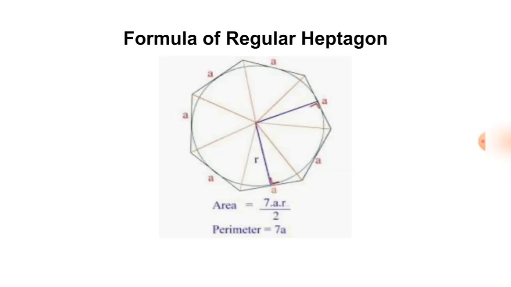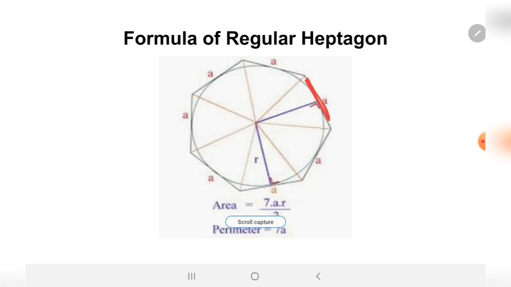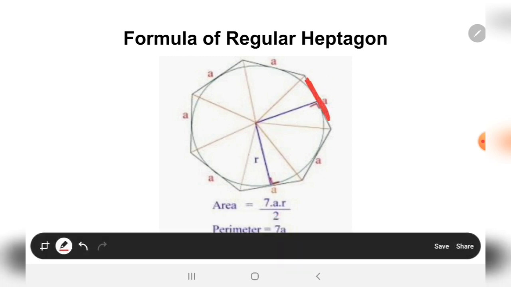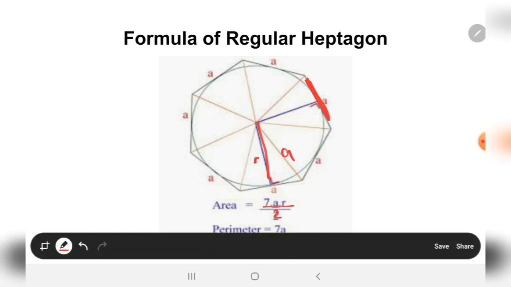Next, the formula of the regular heptagon. In getting the area, that is 7 times A, and that is the side, times R, this one, or what you call the apothem, and you divide it by 2.